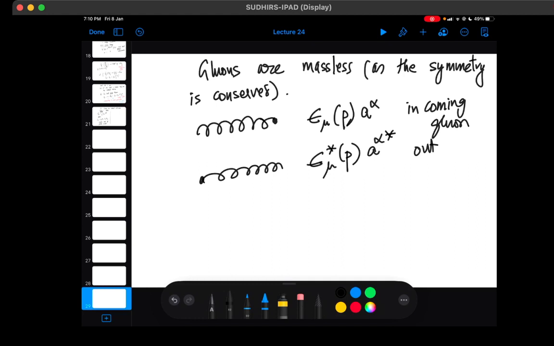So this is g mu nu (k1 minus k2) lambda plus g nu lambda (k2 minus k3) mu plus g lambda mu (k3 minus k1) nu.